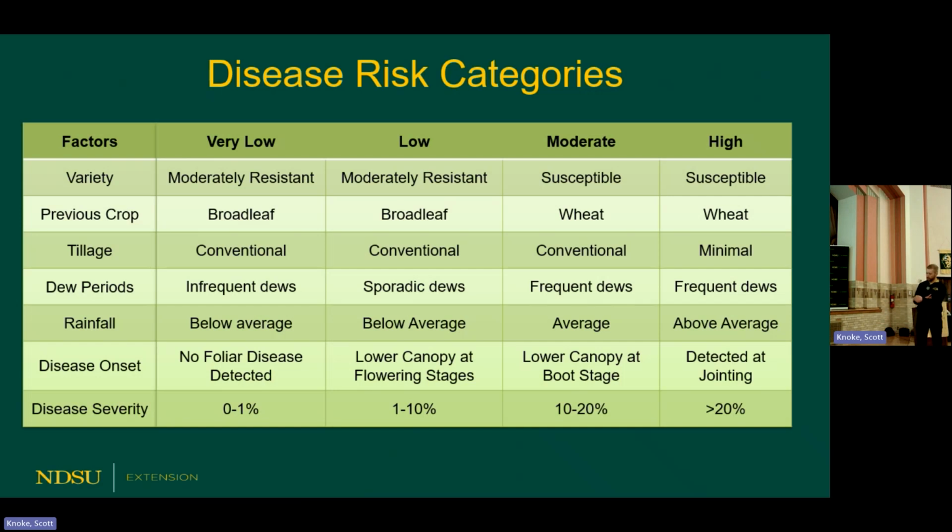So you're going to see I go into very low, low, moderate, and high. Everybody in this room needs to be able to relate to the terms low, moderate, and high depending on the year. 2021, low disease. Last year, a low disease year. 2019, quite a bit of disease, right? That's how I want you to think in terms of separating this data.